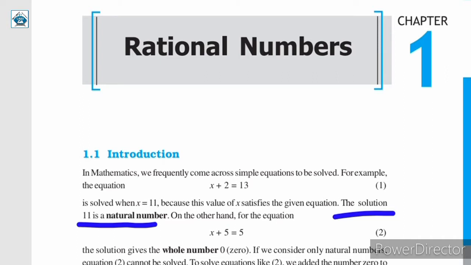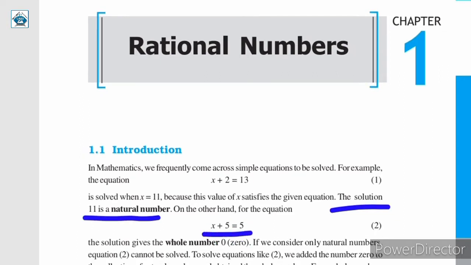Let us consider another equation. x plus 5 is equal to 5. So which is that number to which when we add 5 we get 5 itself? That number is 0, which is a whole number. 0 is a whole number. So if we consider only natural numbers, equation 2 cannot be solved.